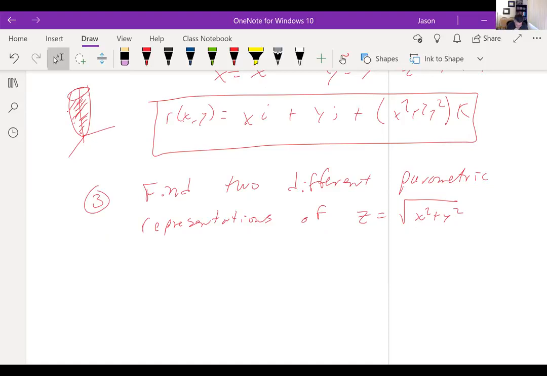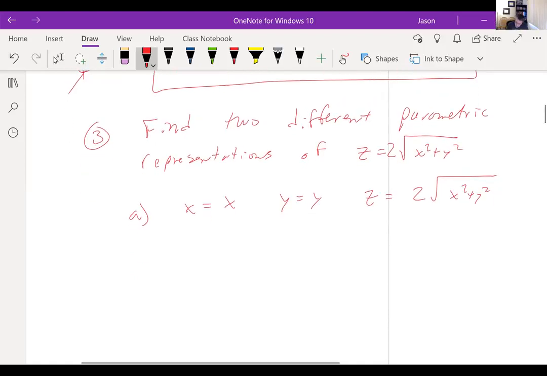Interesting. Times 2, sorry. Put a 2 on the outside there. Okay, so A would be x equals x, y equals y, and z is equal to 2 radical x squared plus y squared. Okay, so that's one parametric representation.